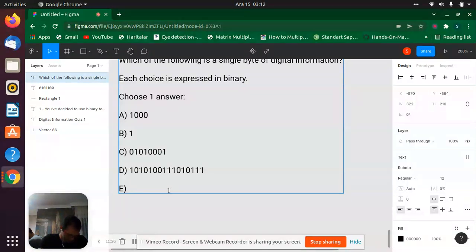This one is 0101, and also the other one is 0101100001.